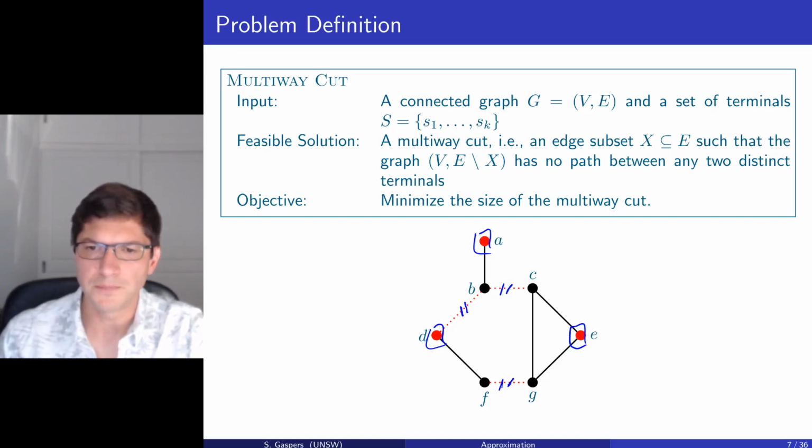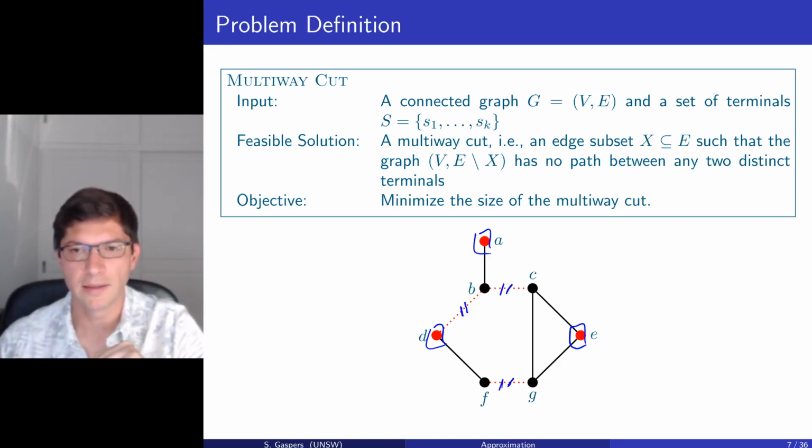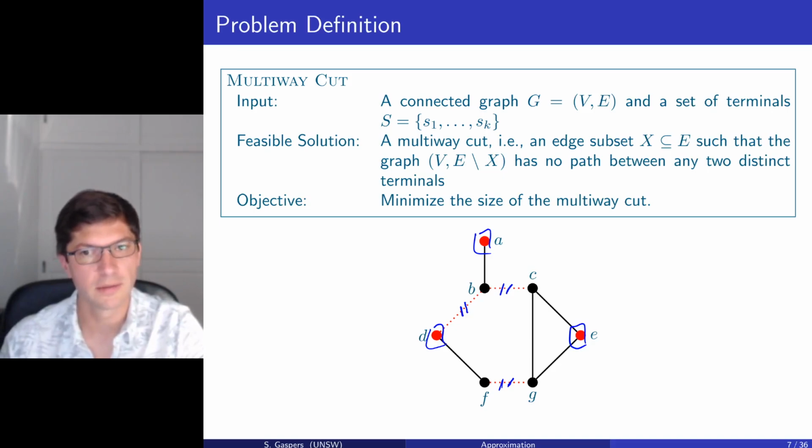Okay, so if in the end we look at our optimal cut, we observe that each of the edges that occur in this cut will connect exactly two different connected components that result from deleting the edges of the multi-way cut.